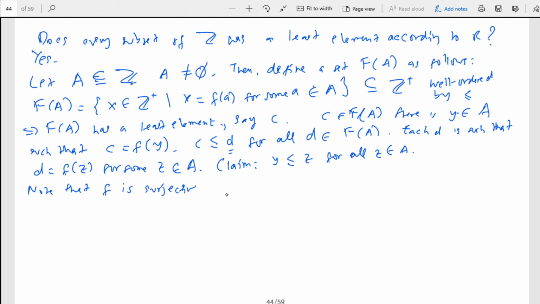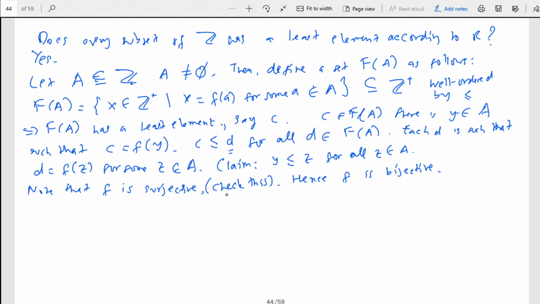This you could easily check, right? Hence f is bijective.